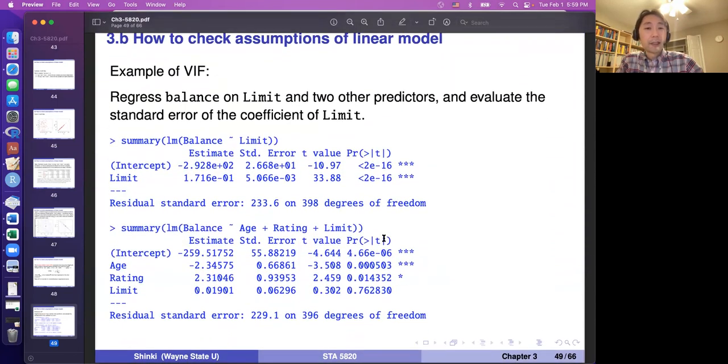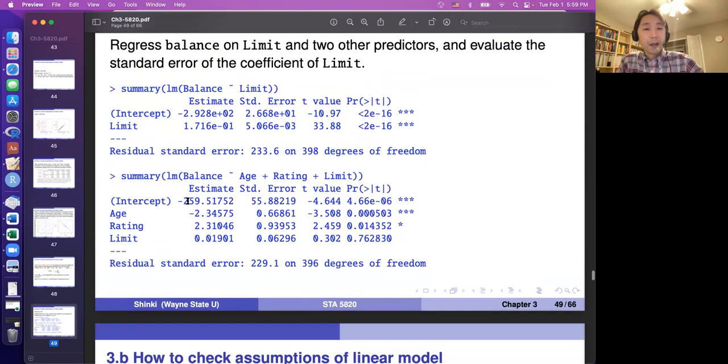Okay, so just see what's happening here. Balance on limit: this is the regression result. The t-value is 33.8, very high, p-value very small. Estimated coefficient 0.17 and standard error 0.005. If we put in these three predictors, the limit has a much smaller coefficient.